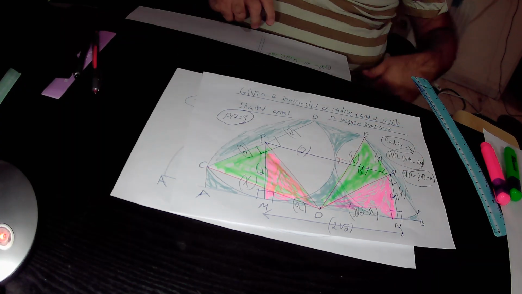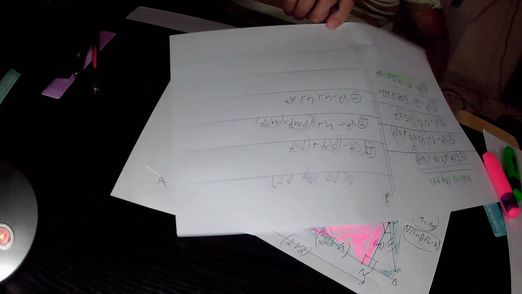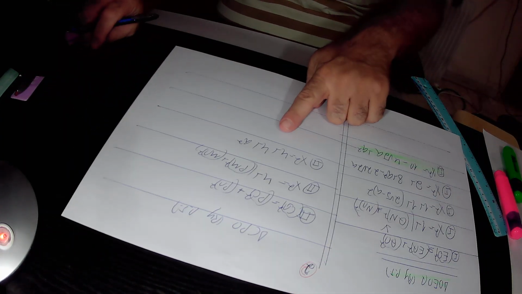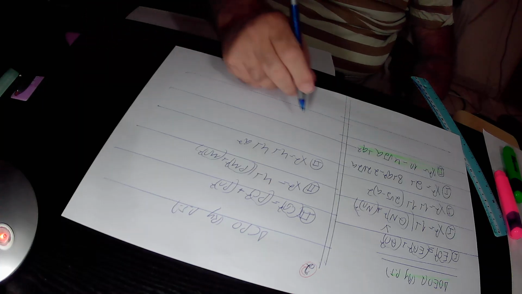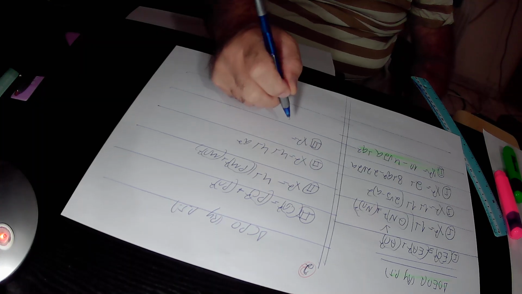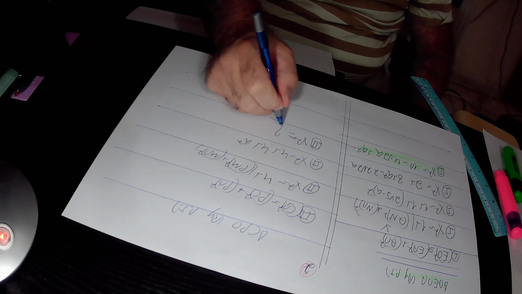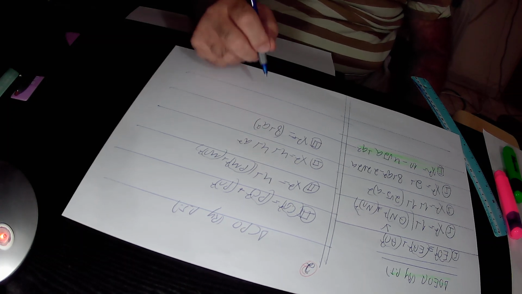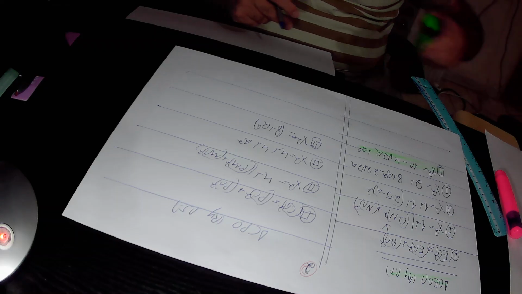So in total, according to equation 2, X squared equals 4 plus 4 is 8 plus A squared. And again, according to equation 2, X squared equals 8 plus A squared.